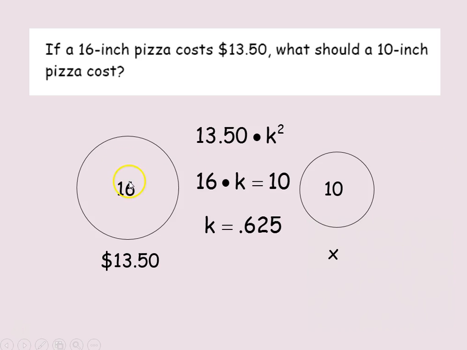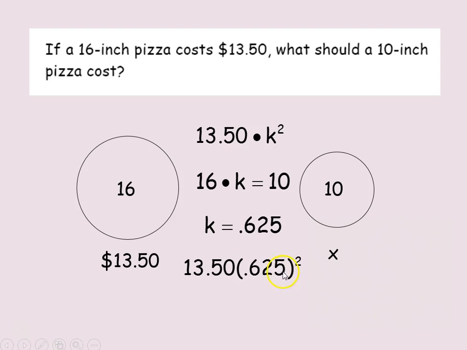That's what's relating these two pizzas together. That's the scale factor going from one to the other. I'm going to do 13.50 times 0.625 squared, because the 13.50 is paying for the whole area of the pizza. That's what you're paying for. When you pay 13.50, you don't get inches, you get an area of the pizza.